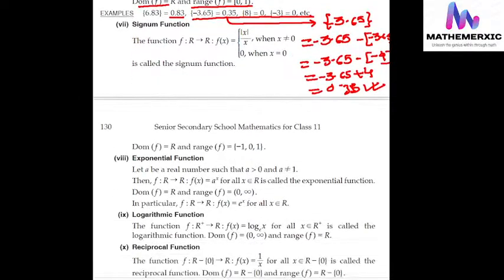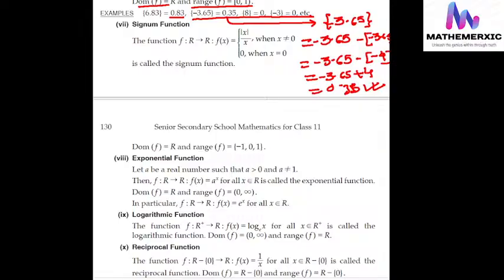Now the signum function. Let us understand, the signum function is a very, very important function. The function f such that R tends to R such that f(x) is equal to modulus of x by x when x is not equal to 0, and it is 0 when x is equal to 0. It's called the signum function.